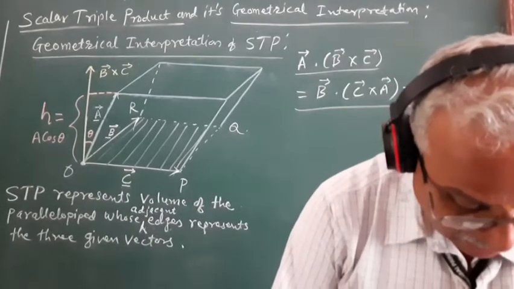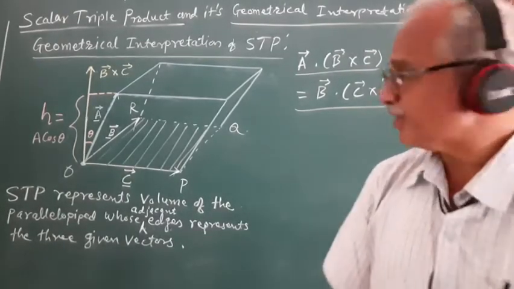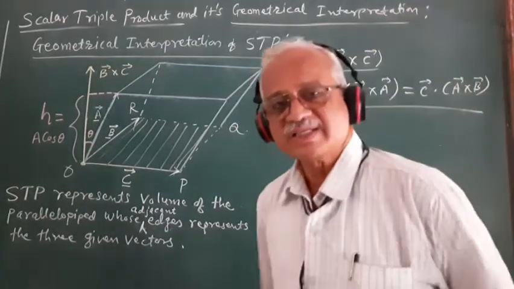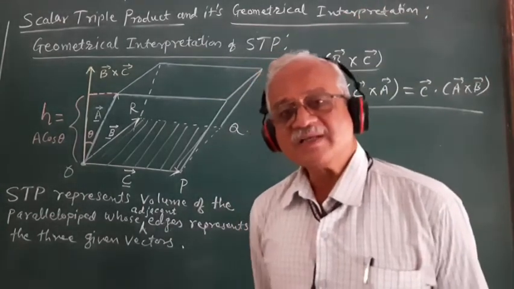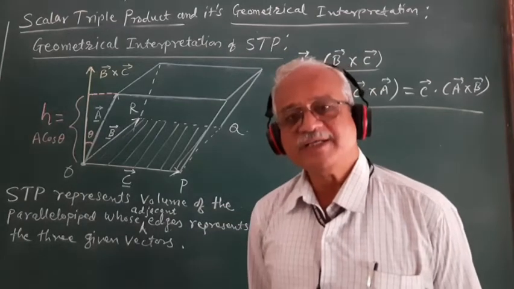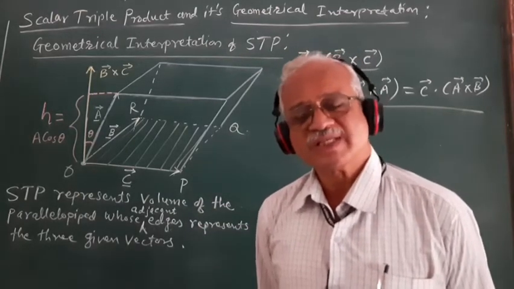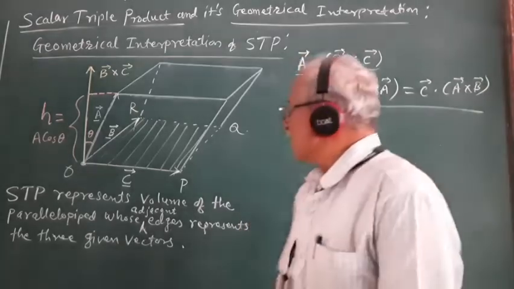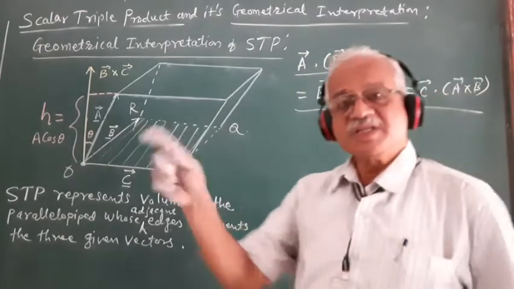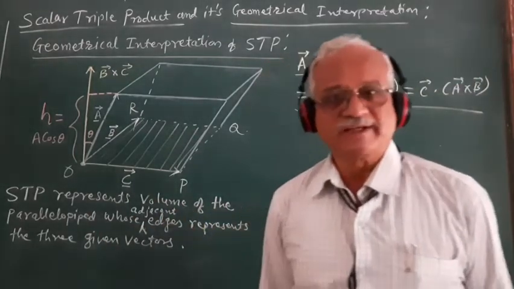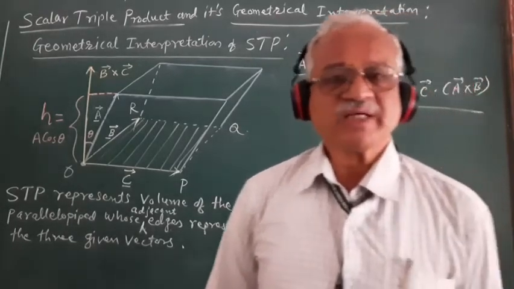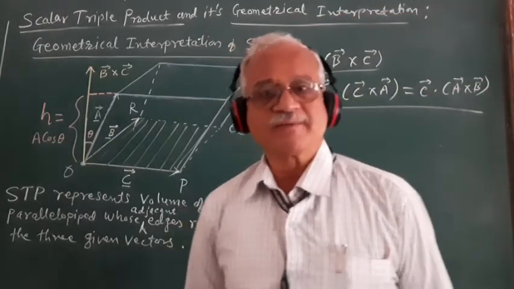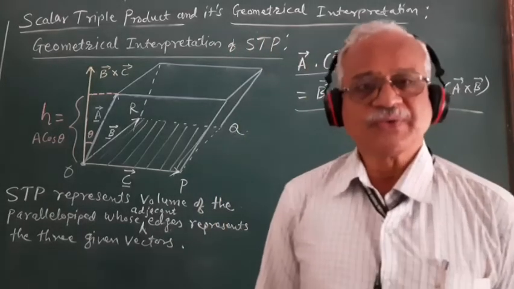And the third and last interpretation that we can draw here is this. While discussing the characteristics or the laws obeyed by the scalar triple product, we have seen that if the three vectors are coplanar, then the scalar triple product of such three vectors works out to be equal to 0.